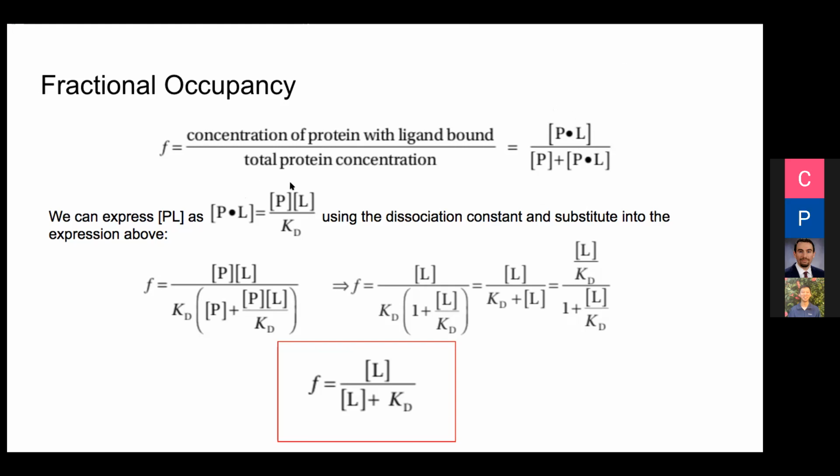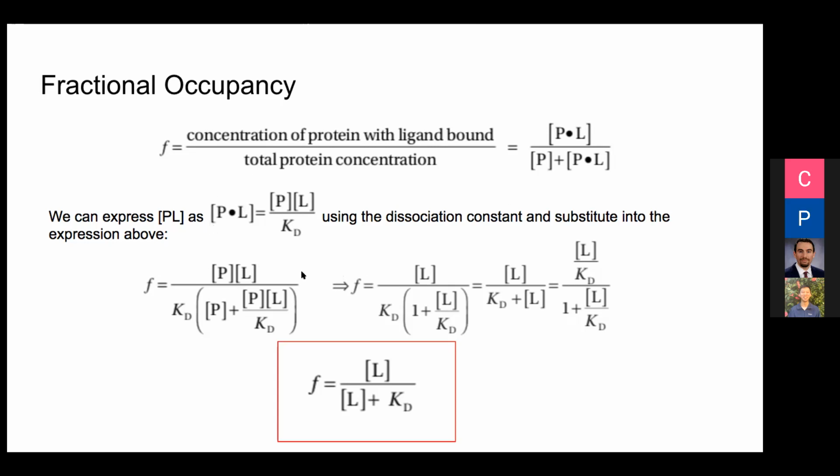So we want to convert this into a more usable form. In order to do that, we replace this protein ligand complex concentration value with this expression using the KD expression. So remember, KD is the free protein concentration times free ligand concentration divided by the protein ligand complex concentration. So you rearrange that and you get this expression, and then you plug back in.